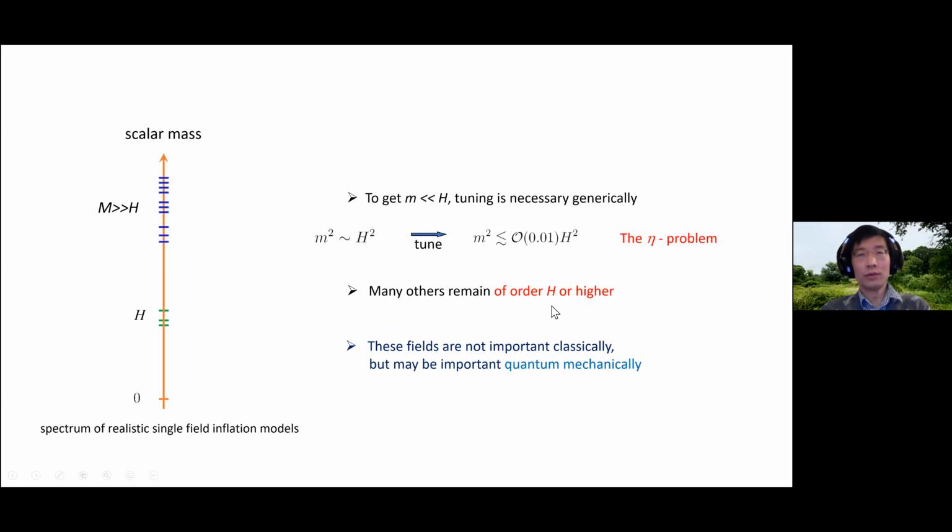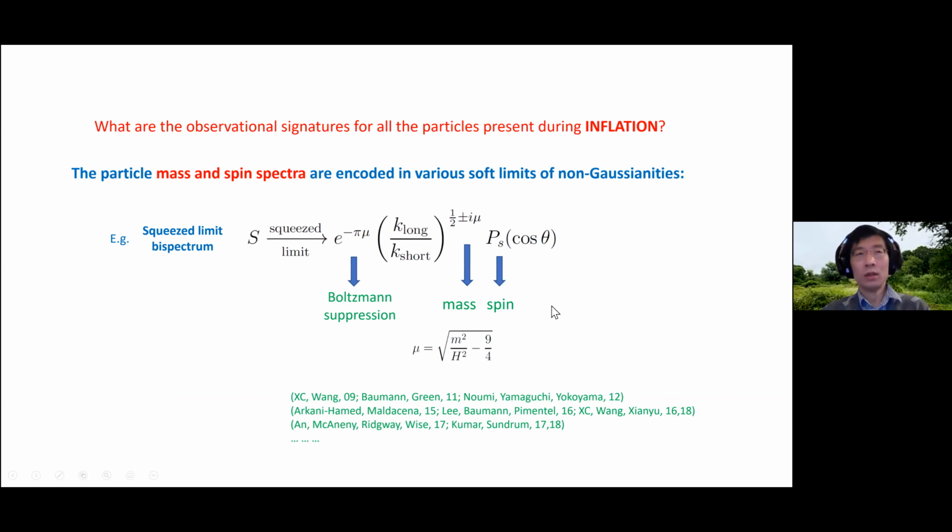Those fields may not be important classically, at least when we ignore sharp features, but they may be important quantum mechanically, which enables us to see them through the study of correlation functions. So the question is, what are the observational signatures of all those particles around during inflation?